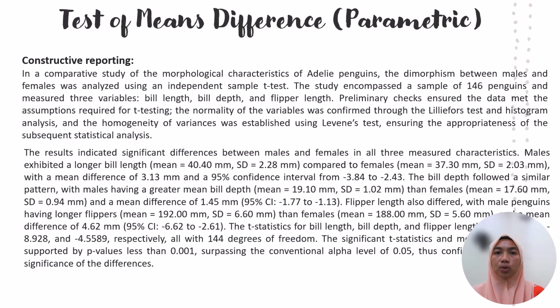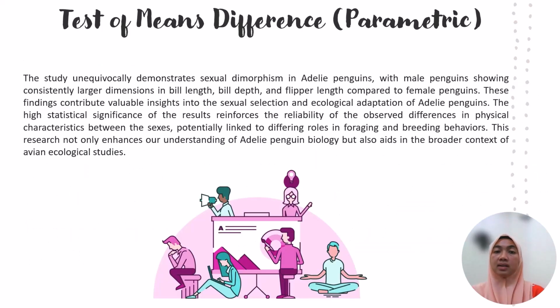So how do we write a good report based on your result, based on your Table 1? I share how to write a good report based on your output. This continues from the previous slide, the previous pages, on how to report your output.